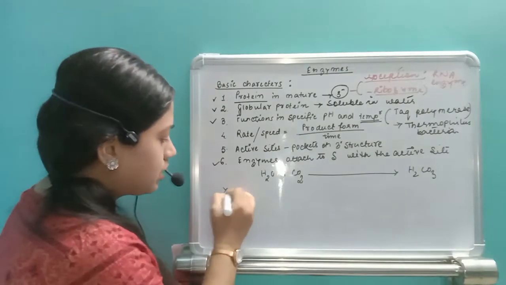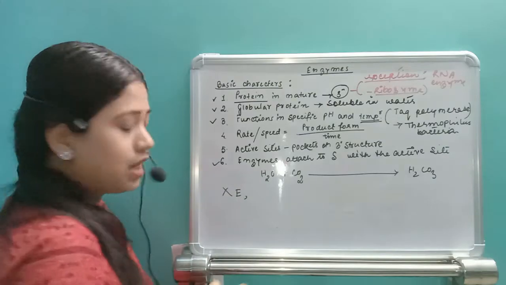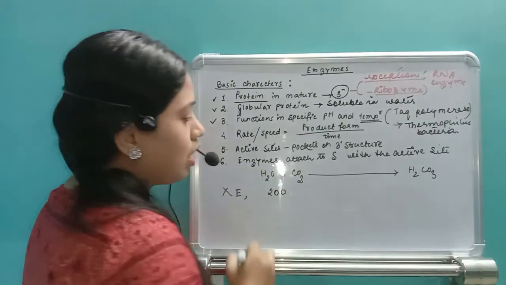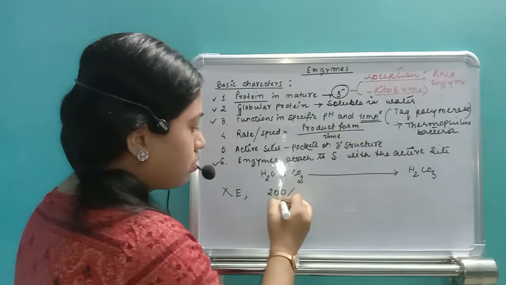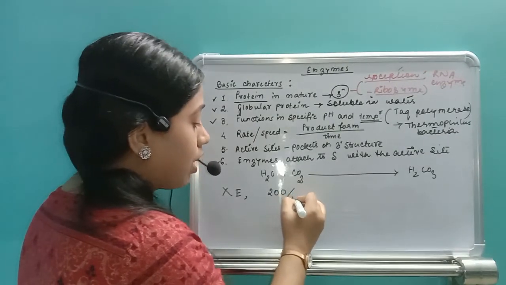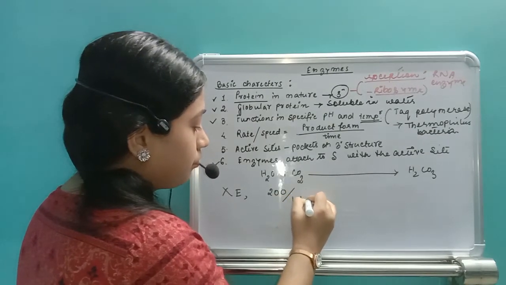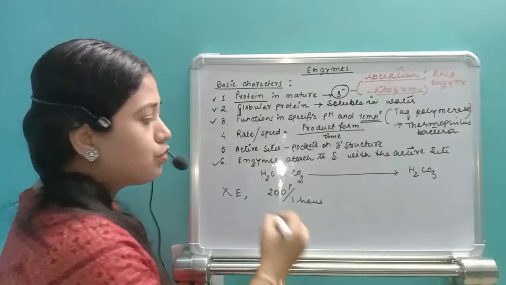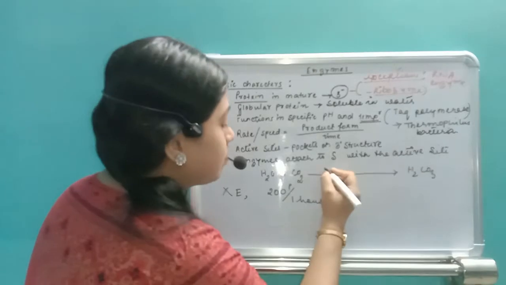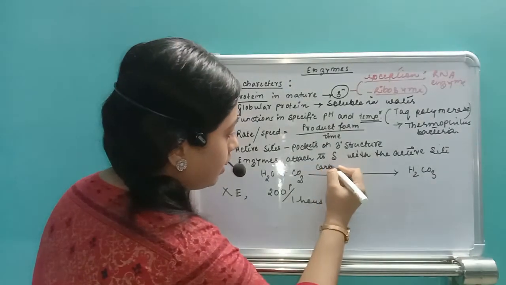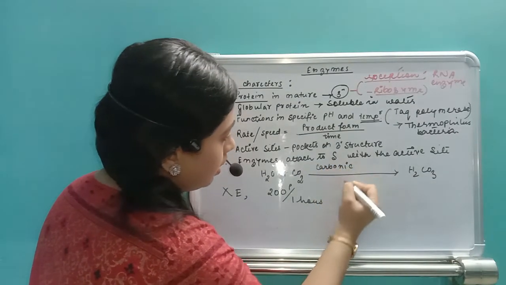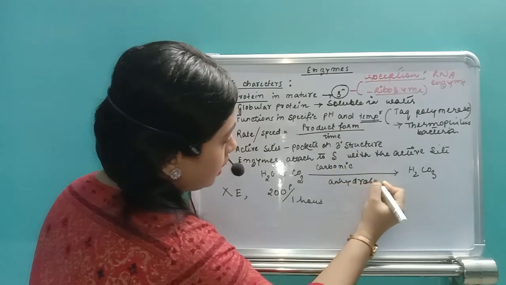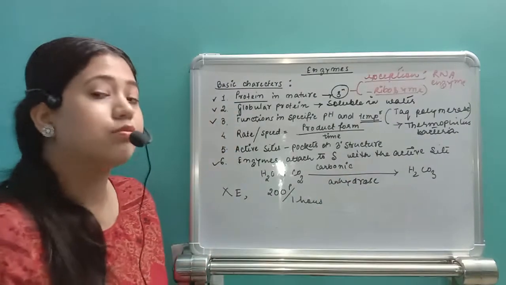So if there is no enzyme, then in 1 hour only 200 products are formed. Okay, 200 products are formed in 1 hour. But if you add the enzyme, that enzyme is carbonic anhydrase, and remember, carbonic anhydrase is the fastest working enzyme of our body.